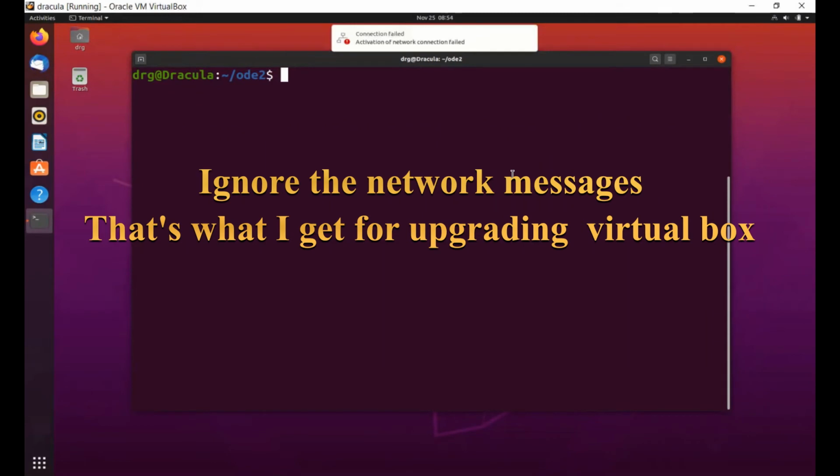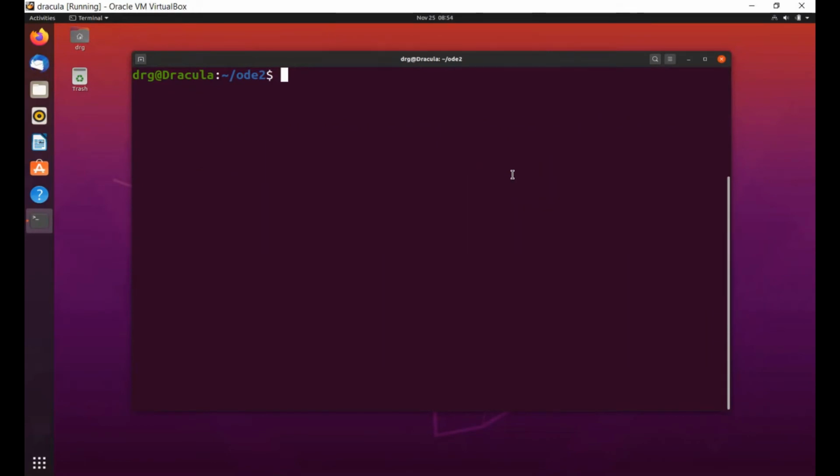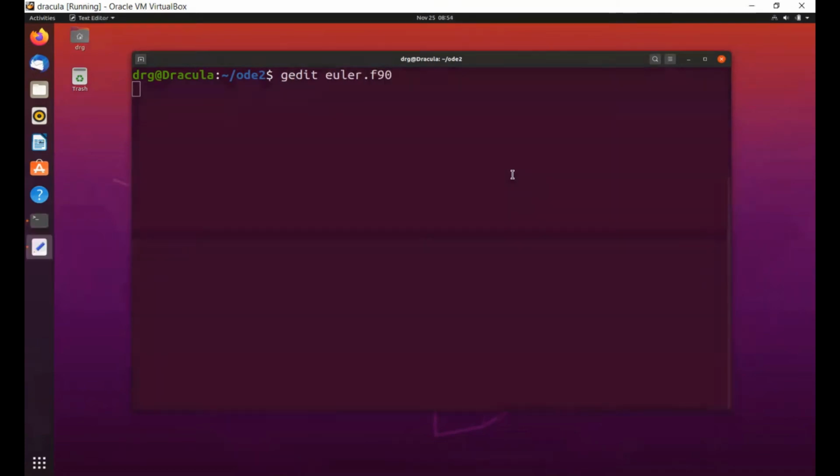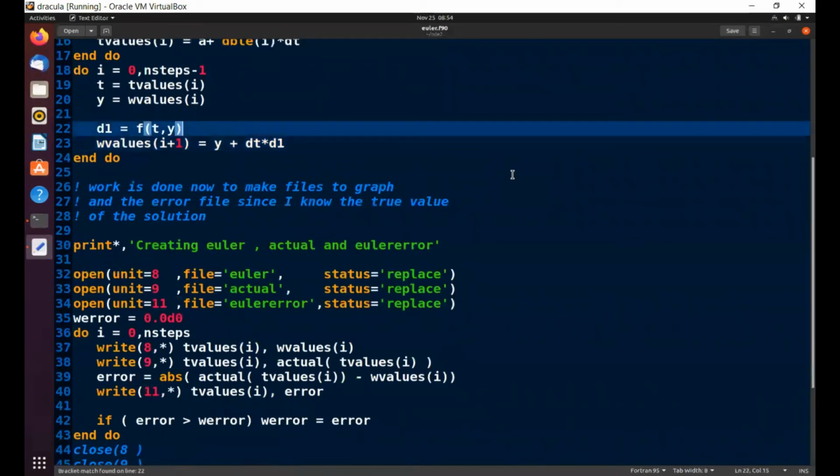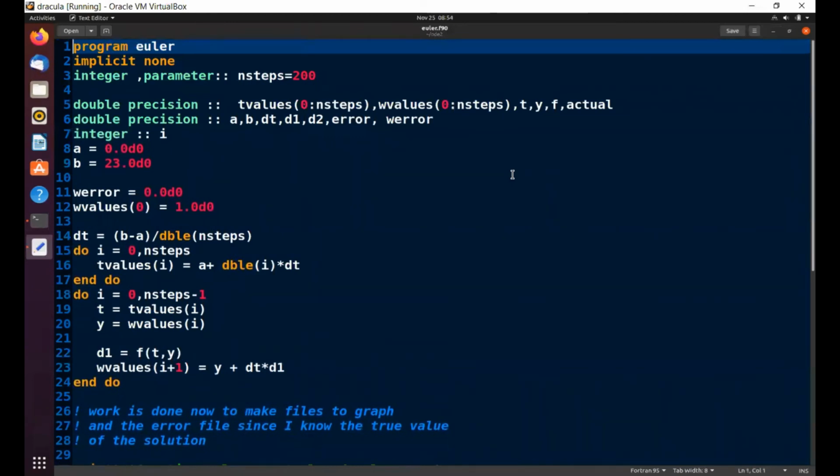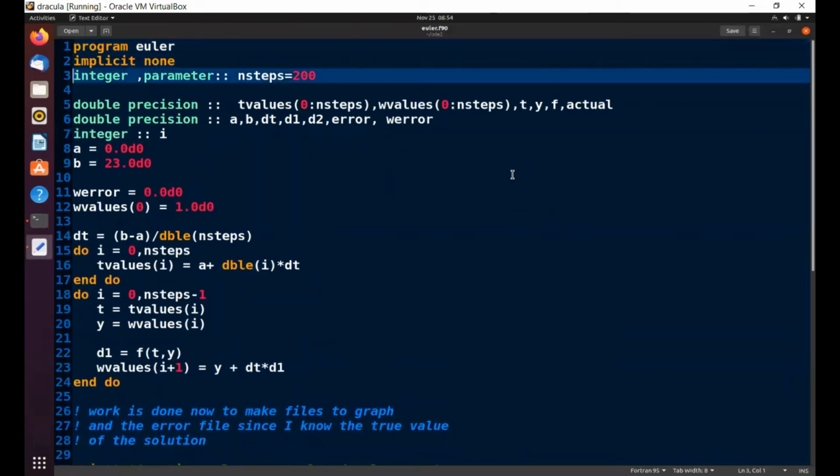I've written new versions of the Euler code and also others. Let's have a look at my Euler code. So the rewrite is extremely minor. Initially, I'm going to set n steps equal to 200.